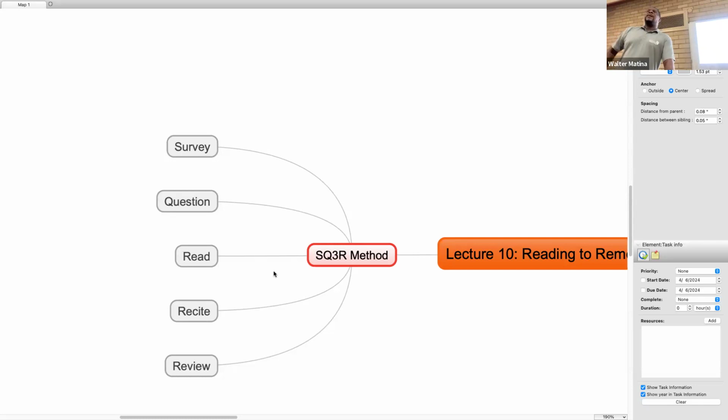And even after I have finished reading, I still come up with more questions. And some of these questions might require being answered by yet another reading that I have to do. Meaning that before I even start that reading, I have a set of questions that I want that reading to answer. And so when I go to it, I'm now able to see the things that have been highlighted by my questions.